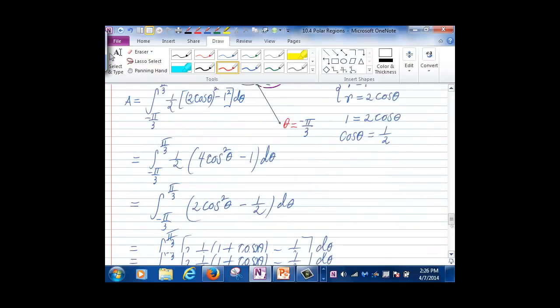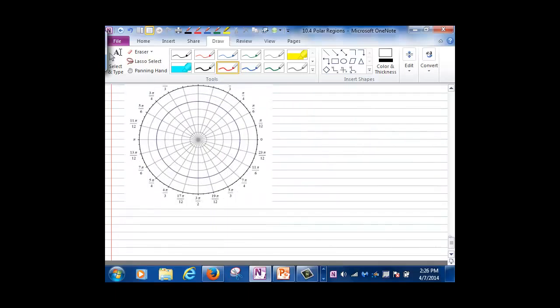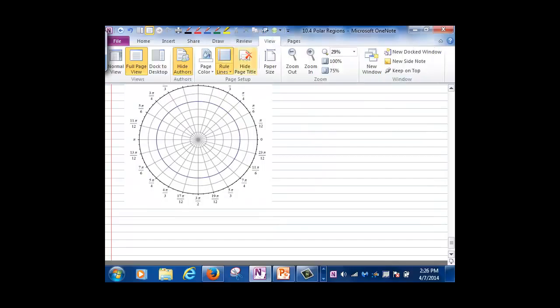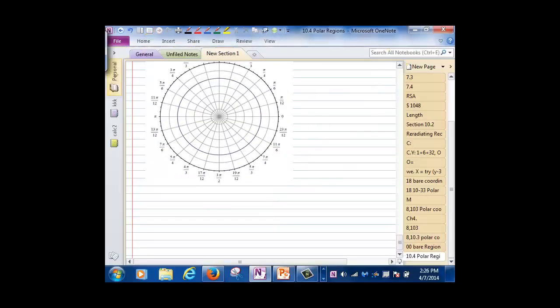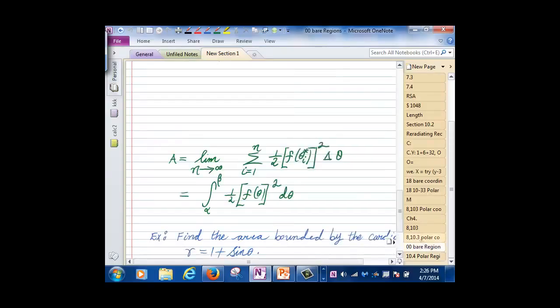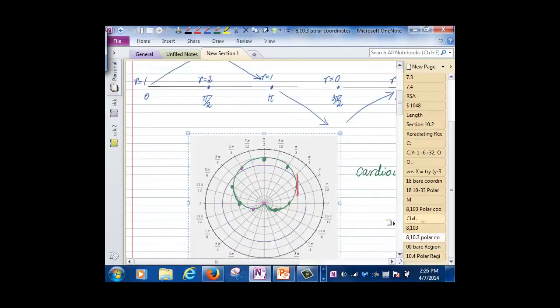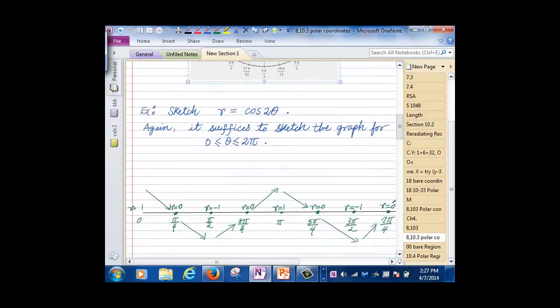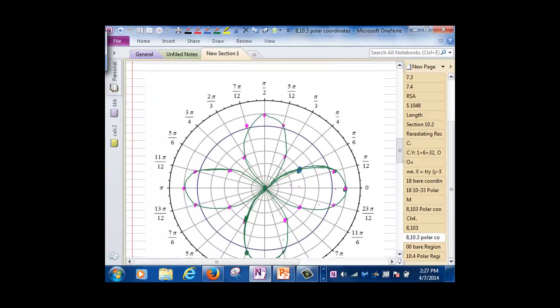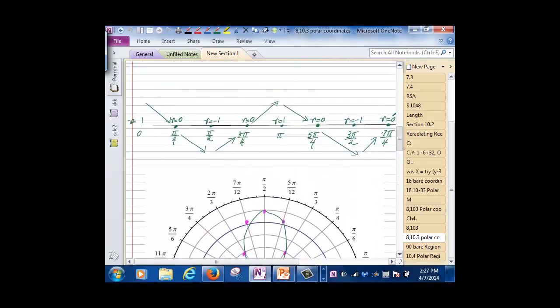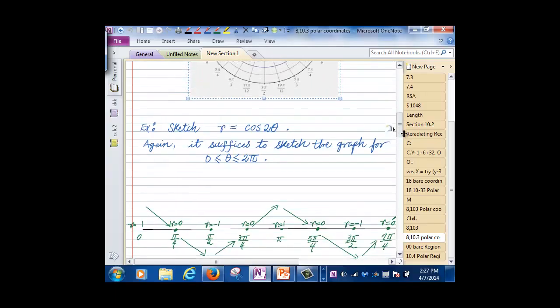Okay, so what I want to do next is do another example. For this example, I'm going to go back to one of the examples that we did before, which is this 4 loops here, and that was the graph of r is cosine 2 theta, right?